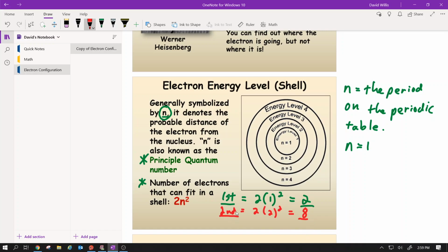I'm running out of space just a little bit, so I'm going to come over here for third. My third energy level will be 2 times n, which is 3 squared. 3 squared is 9, times 2 is 18.